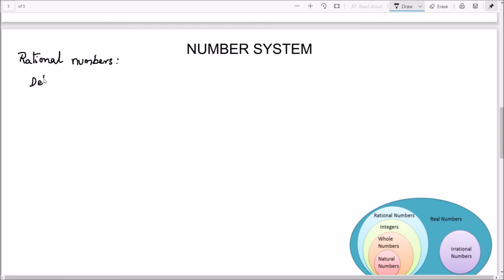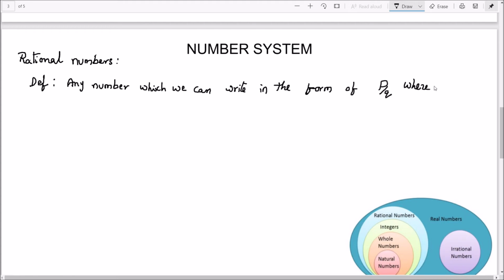If we cover the rational numbers definition: any number which we can write in the form of p by q, where p comma q are integers, that is, belong to I, and q not equal to 0.